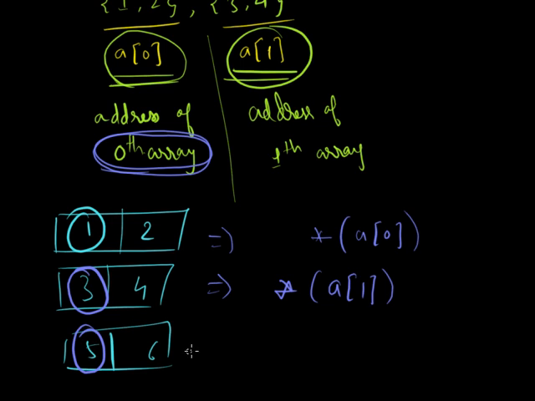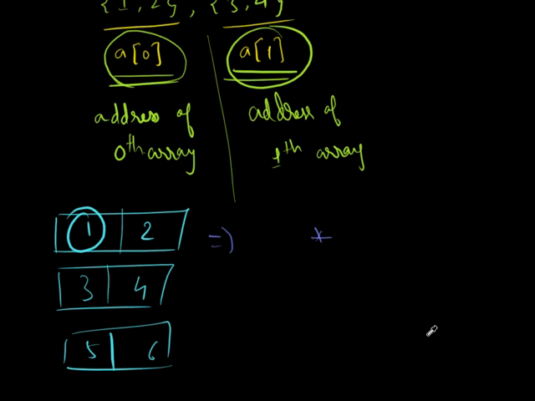To access 5, we will have to do value at A of 2. I think it is making some sense now. Okay, let us clear this up and try to determine the value. How do we determine the value of this element, the second element in the first row?